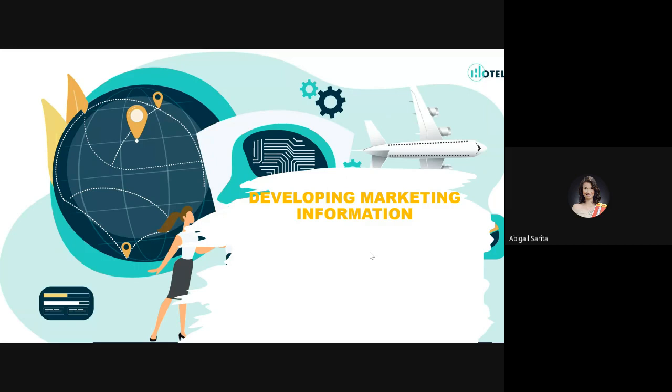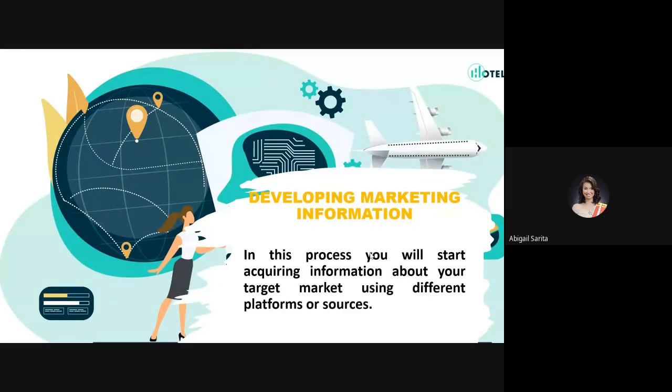From all the research studies or from all the actions that you gather or all the data that you gather, how are you going to brainstorm? How are you going to puzzle or to create a puzzle towards that information? So that's what we call developing marketing information.